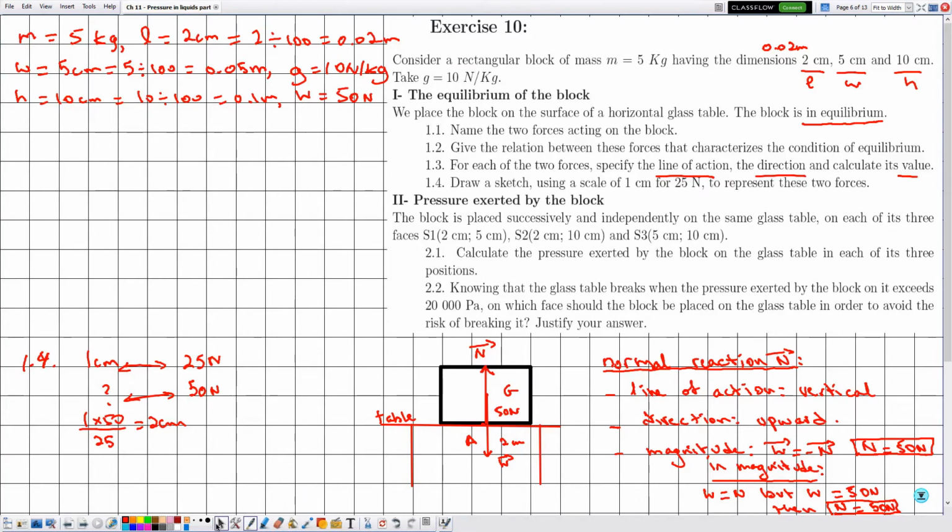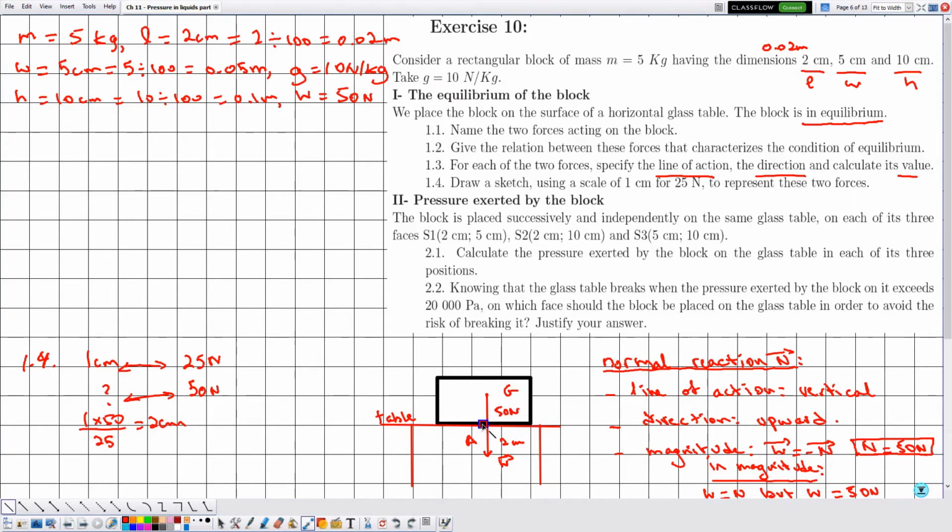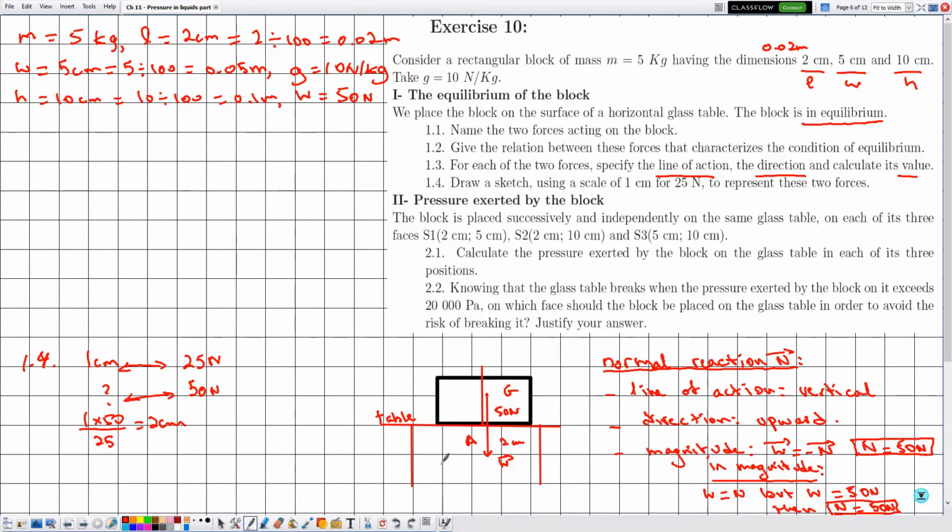Let me resize this block. So the name of this vector is N vector of length 2 centimeters, worth a magnitude of 50 newtons.